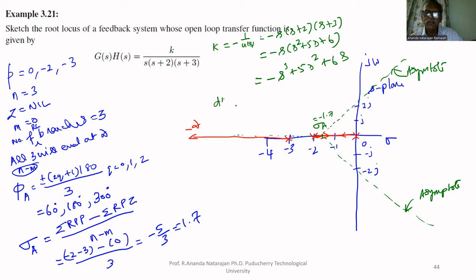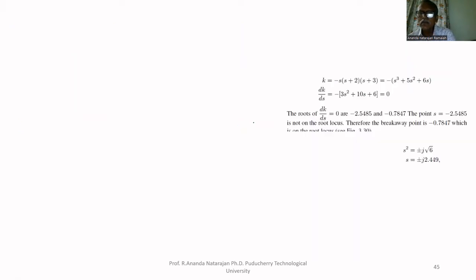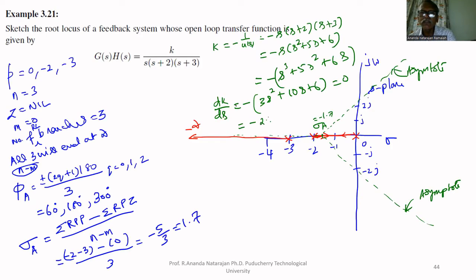Therefore, dk by ds equal to 0. That is minus of 3s square plus 10s plus 6 equal to 0. The roots of this are minus 2.5 and minus 0.8. Minus 2.5 and minus 0.8 are the roots of this dk by ds equal to 0.